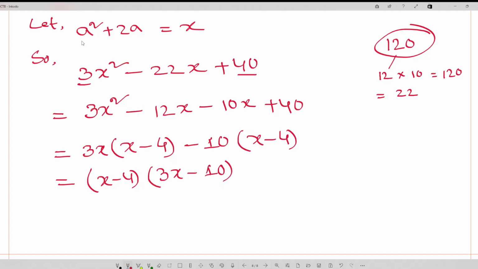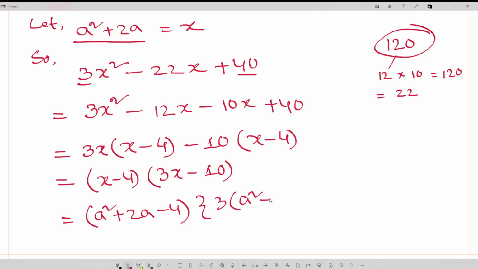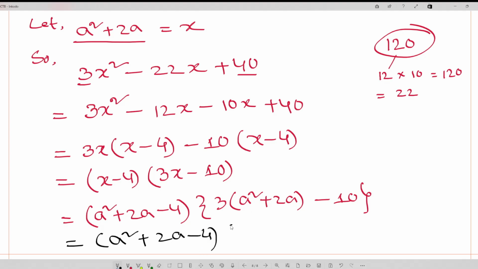We know x equals a² + 2a, so we can write a² + 2a − 4, and here 3x means 3(a² + 2a), and here is −10. Finally our answer is (a² + 2a − 4)(3a² + 6a − 10), and this is our answer.